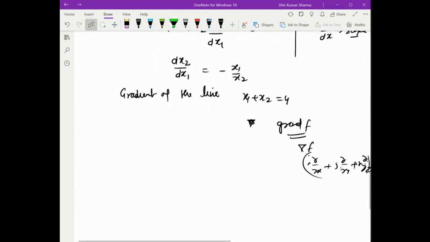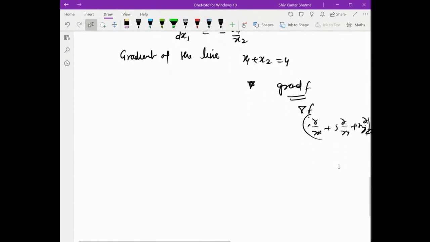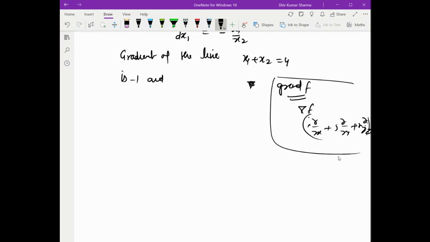So grad f, because f is constant, which is the gradient of the line x1 plus x2, so minus 1.